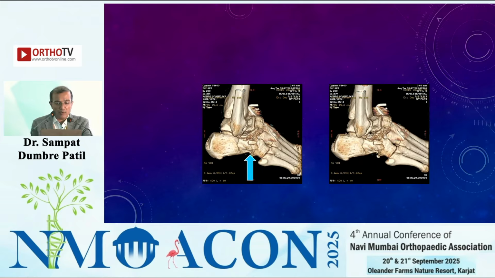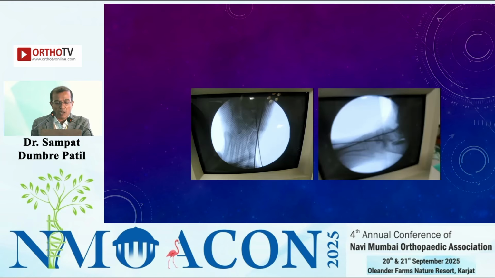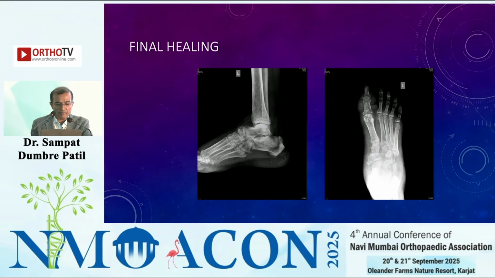To manage these injuries, it probably needs distraction on the lateral side as well. If there is a medial dislocation, you have to look at the lateral side, and lateral column lengthening would help you get the reduction on the medial side.